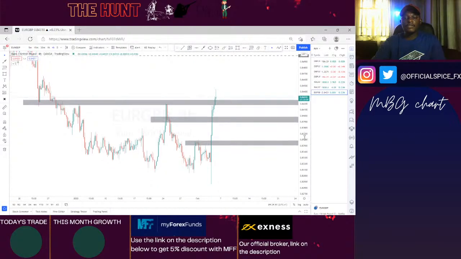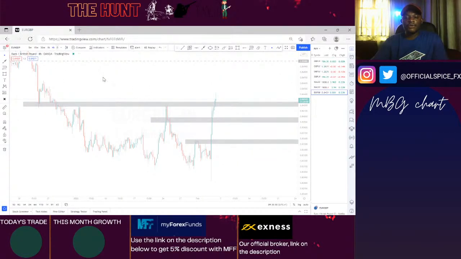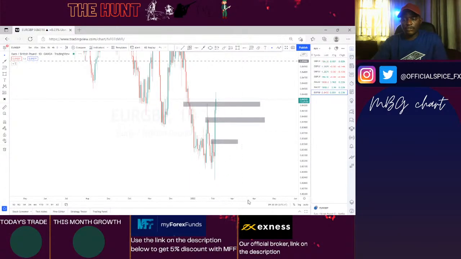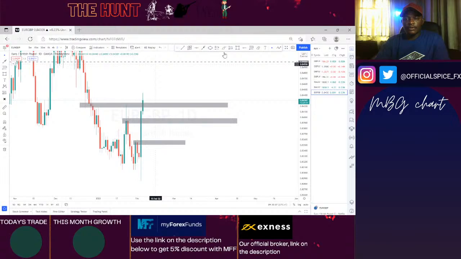For those of you guys looking just on the 4 hour chart, you can see this was a break of this point right here. That is the reason you have to concentrate on all the time frames. The market hasn't broken that zone for me, not for now, not until we have a break of this point here.